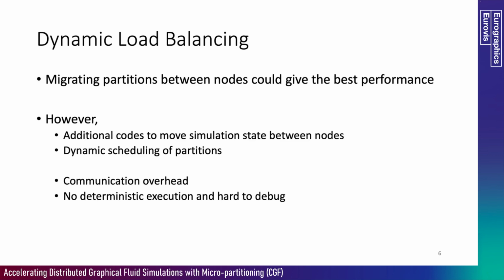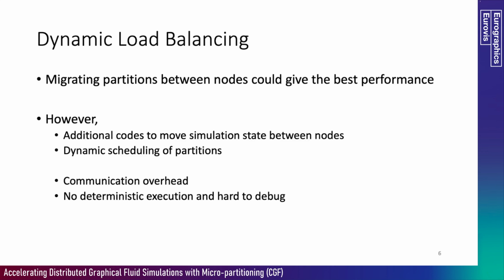The classical approach to deal with load variance is dynamic load balancing. It repeatedly adjusts the simulation regions on nodes, so we can have different partitioning for different simulation frames, and we can deal with temporal load balancing. However, dynamic load balancing is not that simple in practice. It requires writing code to move simulation state between nodes.